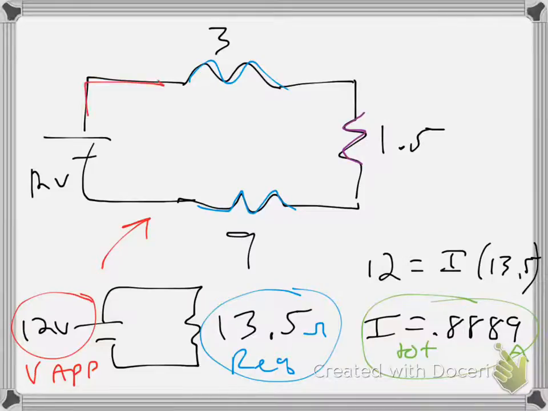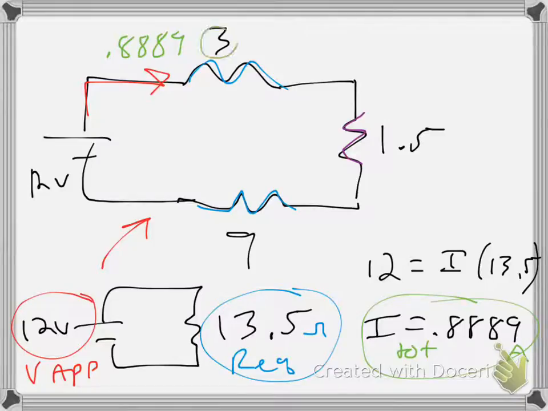So at this point I have 0.8889 amps, and I'll stick with my color here, green, 0.8889 amps, and I know my resistance is 3. Voltage is what's going to change here.